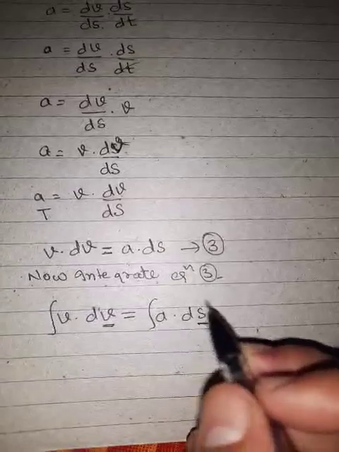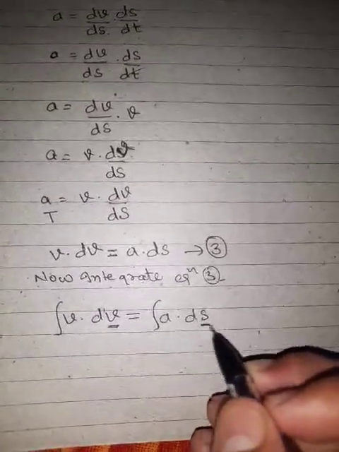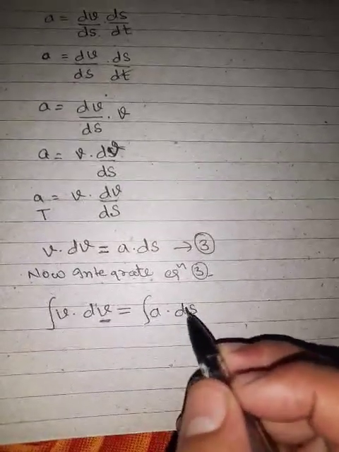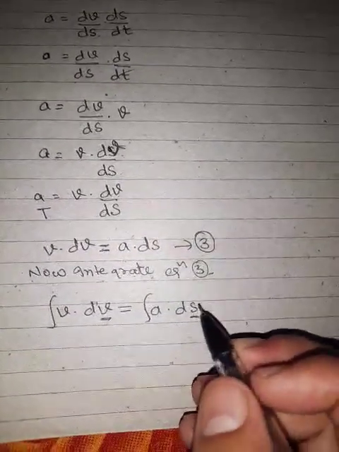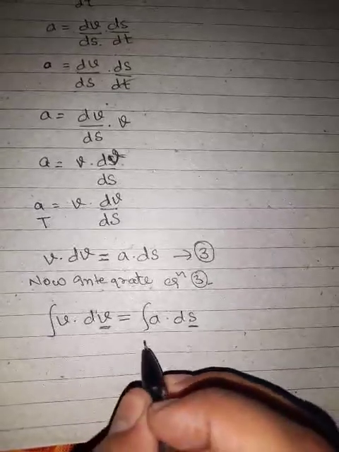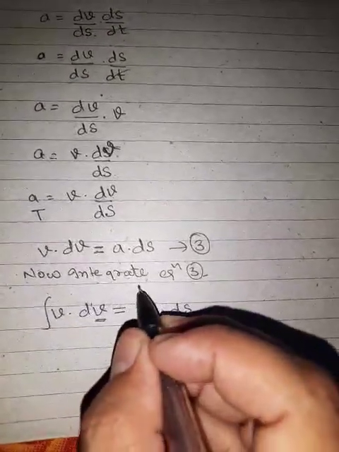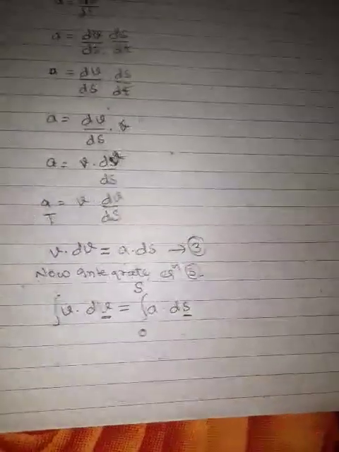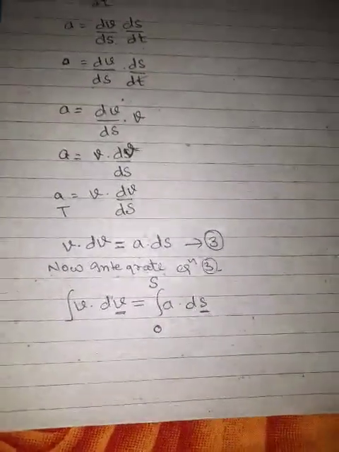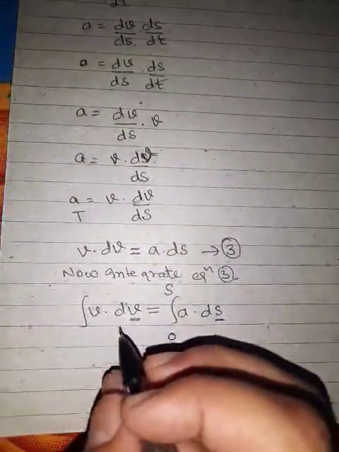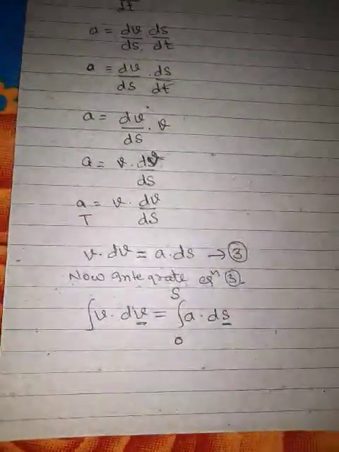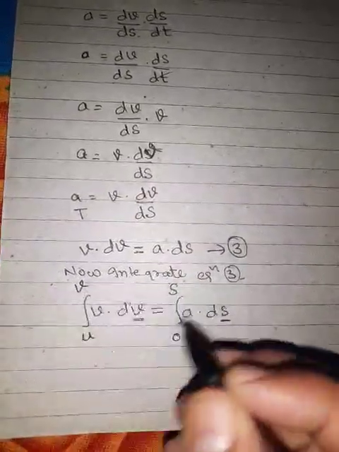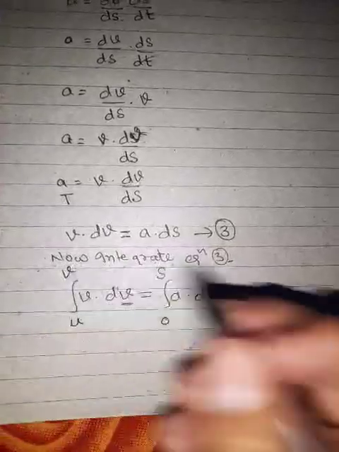Those things which are present after d are variables, meaning they are changeable. So initial displacement is 0 and final displacement is s, where s can be any variable number, in numericals 0, 1, 2, 3, 4, anything else. For velocity, the initial velocity is u and the final velocity is v.